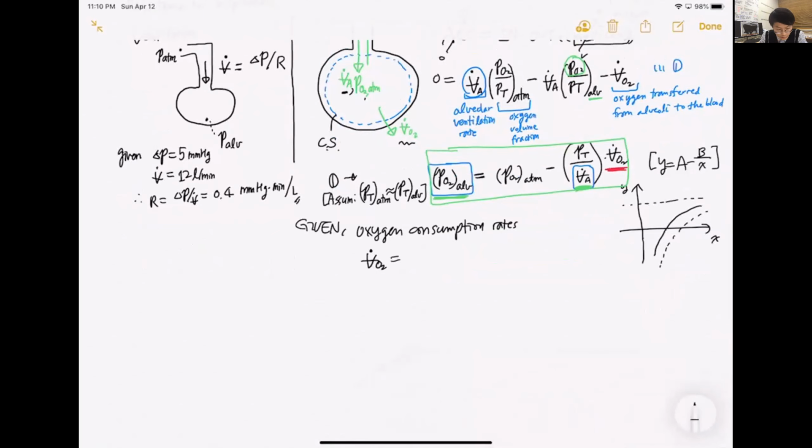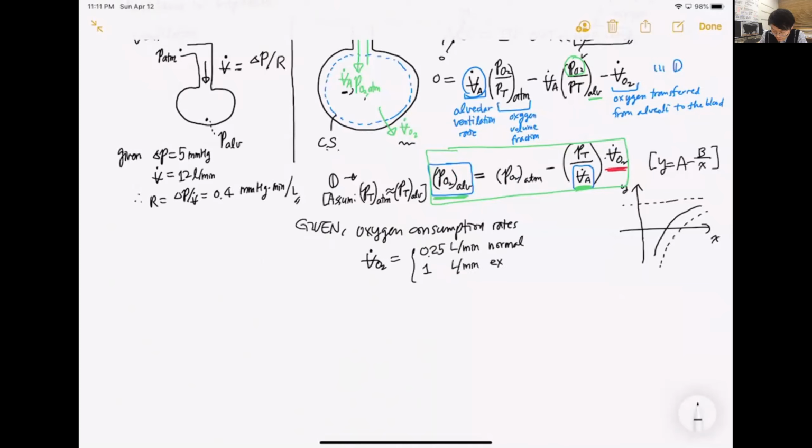For example, for the normal case, this is about 0.25 liter per minute, which is a normal state. However, during sudden exercise, this can become, say, 1 liter per minute.